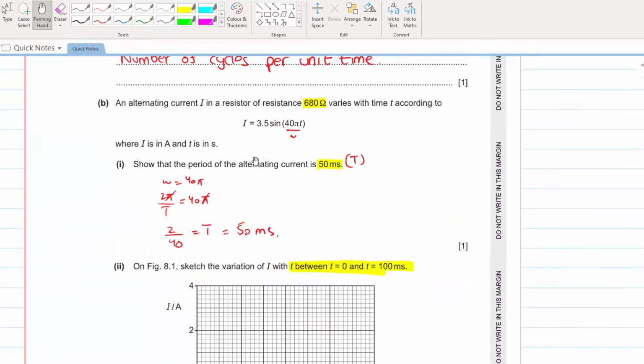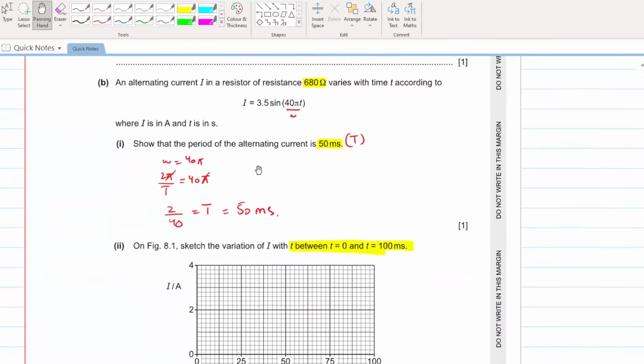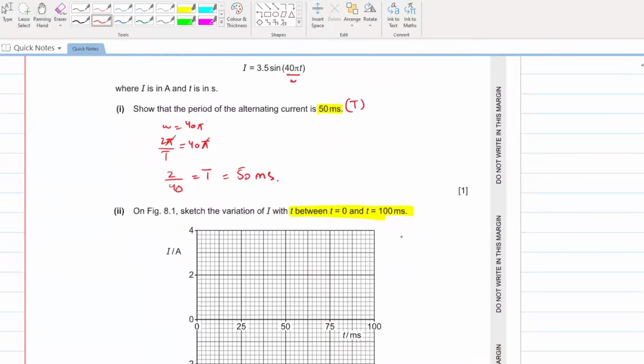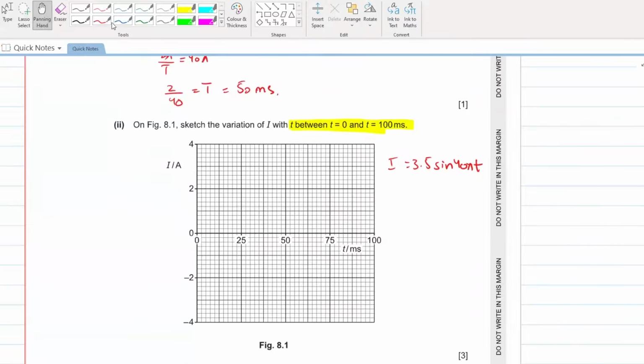How will we sketch this graph? Very easy. Current is equal to 3.5 sine 40 pi t. What is the maximum value of current, I naught? 3.5. What is the time period? 50 milliseconds. Your maximum value is 3.5.